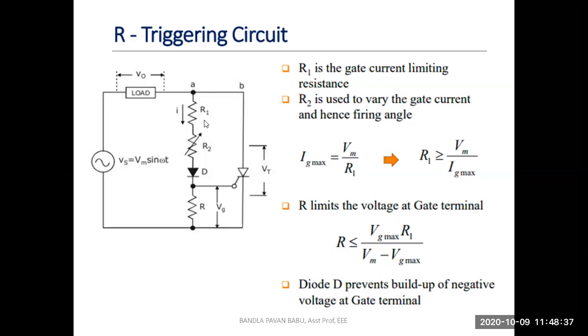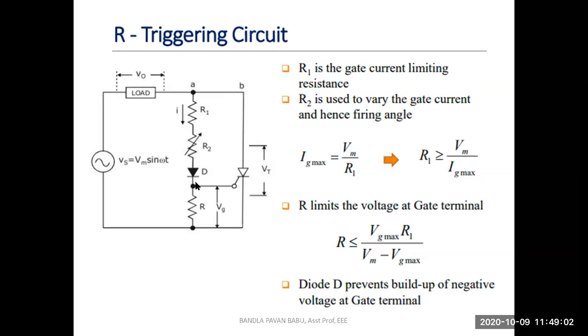It is going to limit, or stabilize, the current there, where R2 is the control resistance, which is used to control the current in the gate circuit. A diode is connected in series to these two resistors in order to avoid negative voltage across the gate terminal.